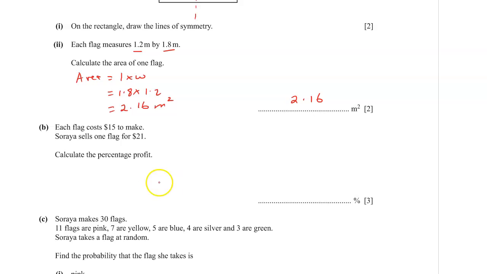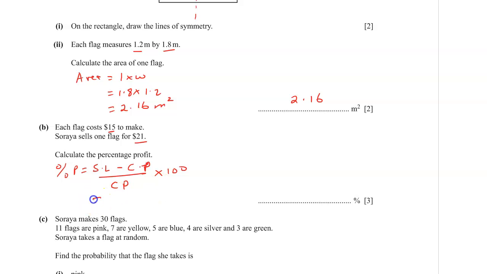Each flag costs $15 to make. Soraya sells one flag for $21. Calculate the percentage profit. Percentage profit is equal to selling price minus the cost price over cost price, times 100.